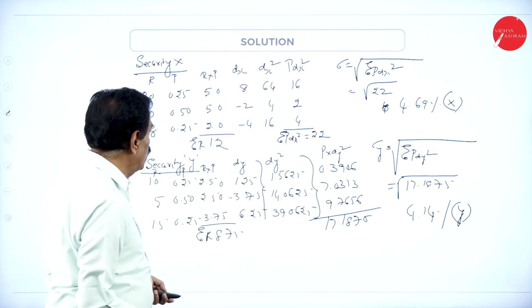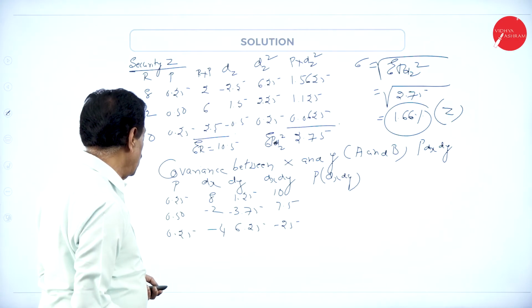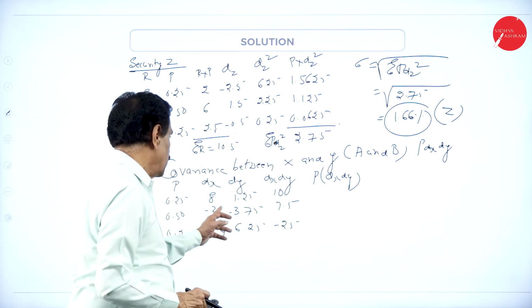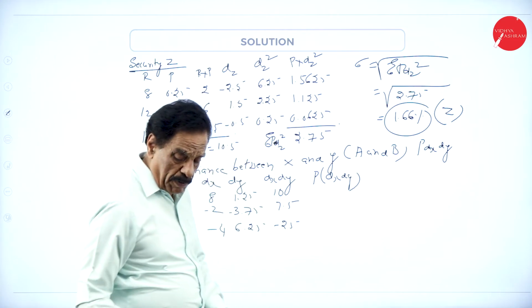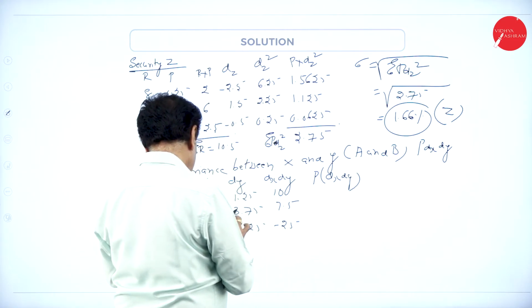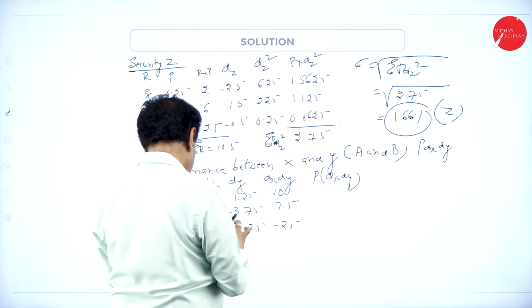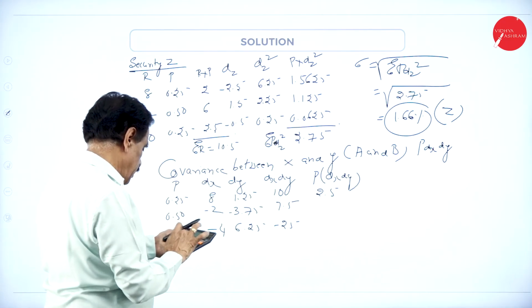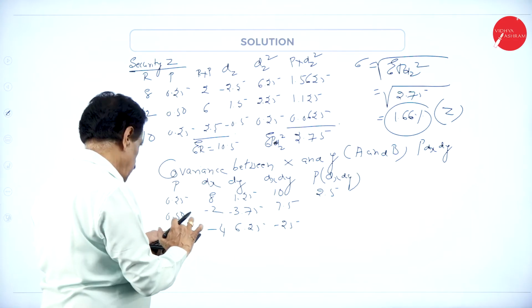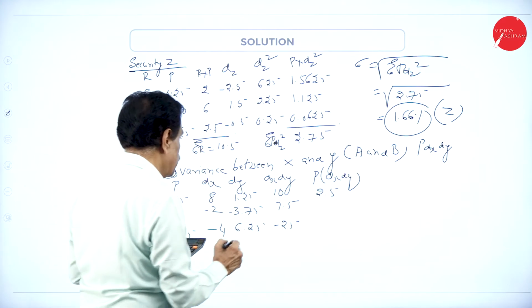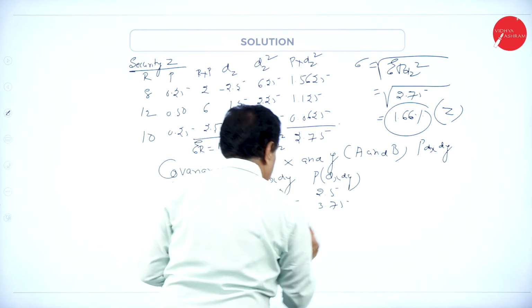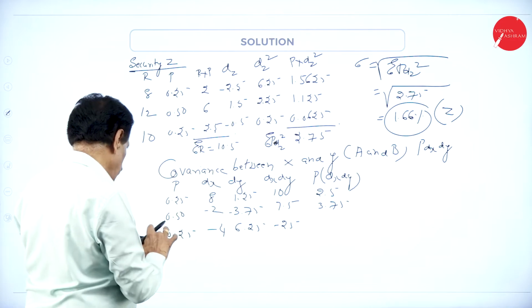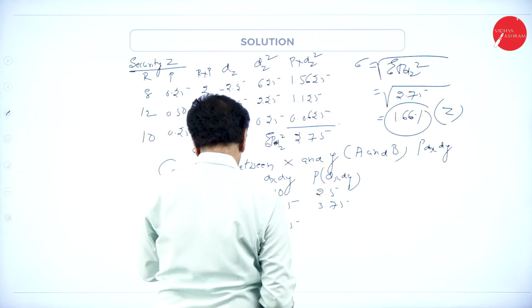So dx into dy multiplied by p: 10 into 0.25 is 2.5, 7.5 into 0.50 is 3.75, 25 into 0.25 is 6.25.